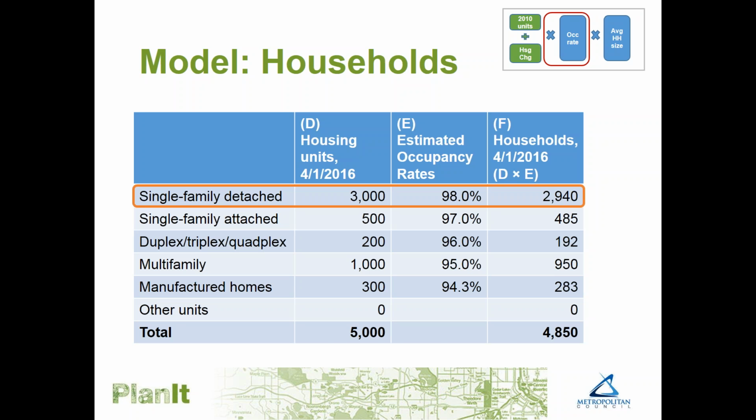So that gets us to a relatively high overall occupancy rate, which we get by dividing the number of households by the number of housing units, a 97% occupancy rate, for example, in this example, which is equivalent to a 3% vacancy rate. And that occupancy rate is pretty high relative to the region, where occupancy rates have been between about 95 and 96% as estimated for the past few years, which itself is pretty high, historically speaking.